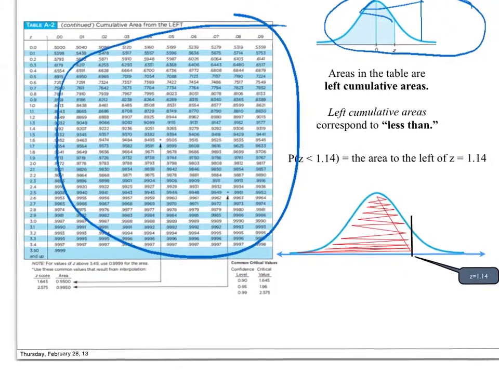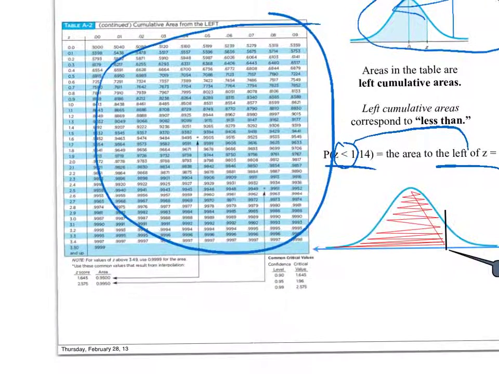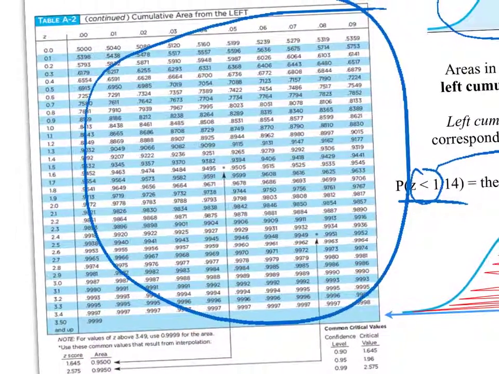So for example, if you wanted to find the probability that z is less than 1.14, less than means to the left of. So you're finding the area to the left of the z-score 1.14. And so to do that, you go to the table and you look for the z-score 1.14.